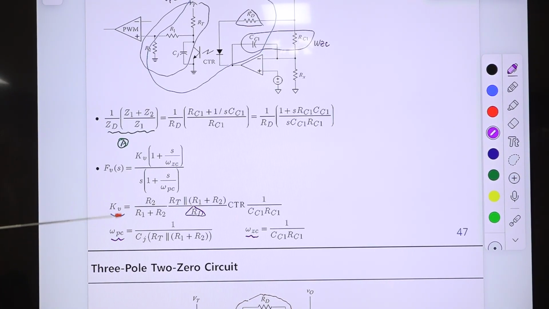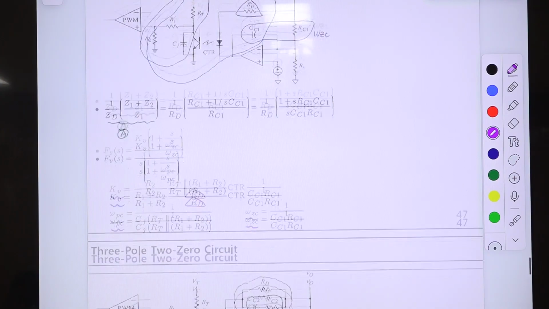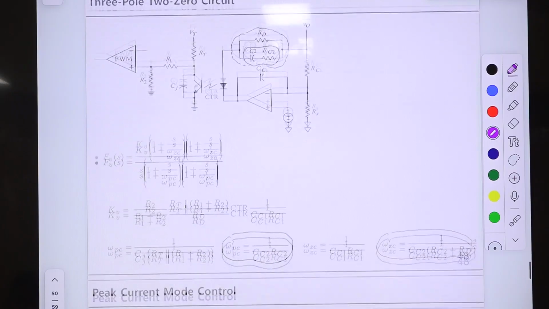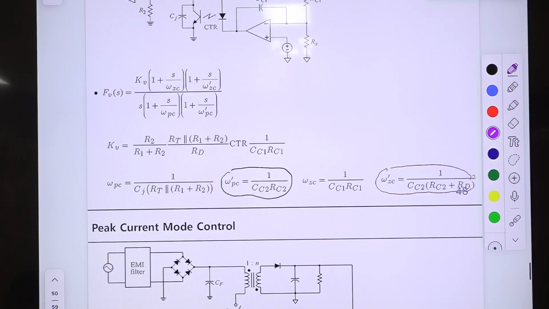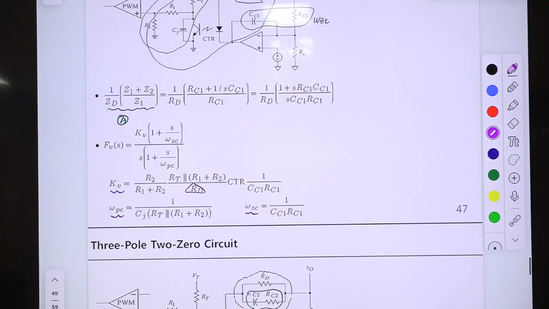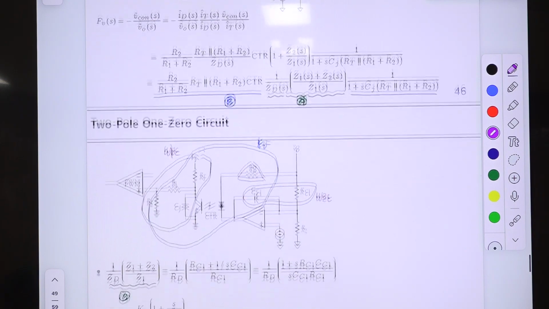So this part is A. And this part is B part coming here.